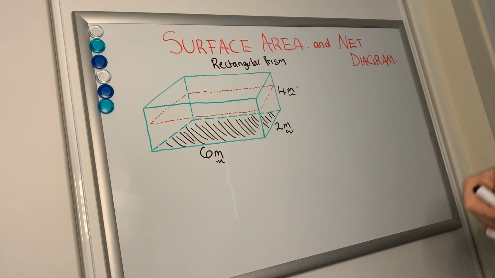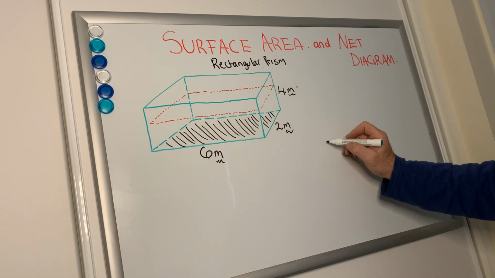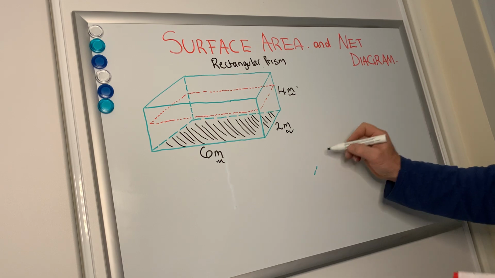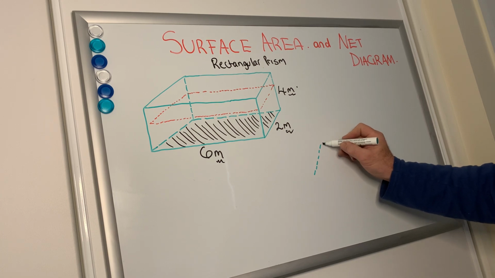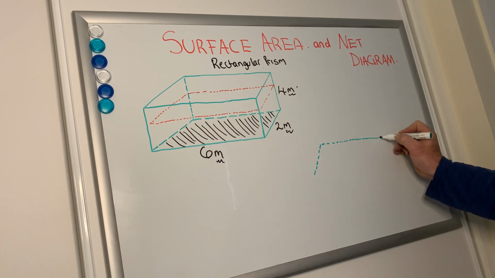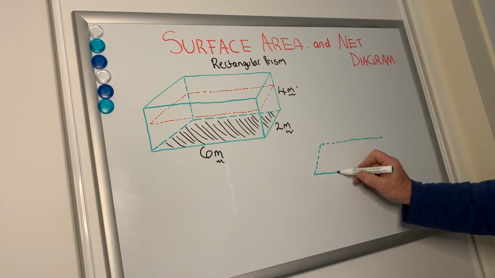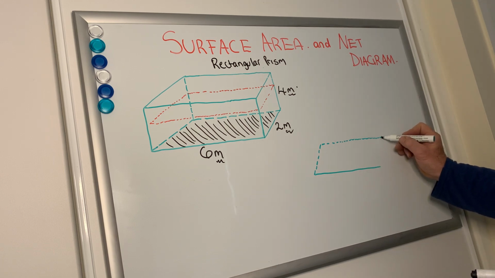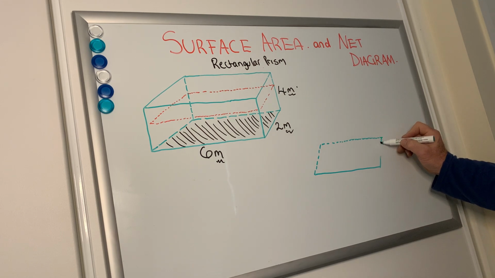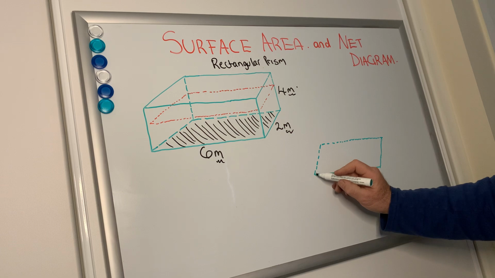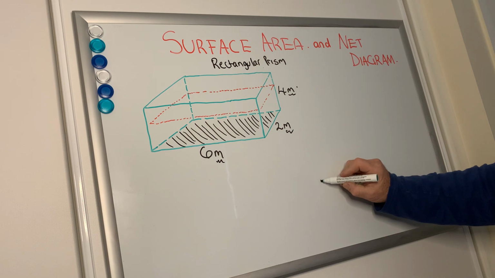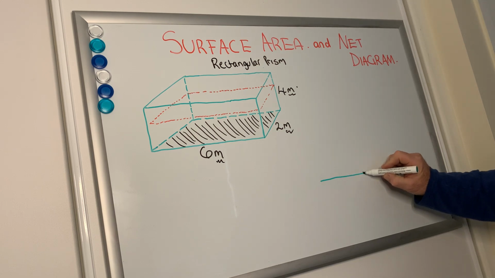Just as an example, there's my base, through there, through there, and through there. I'll just draw it a bit better. Sorry. So there's our base.